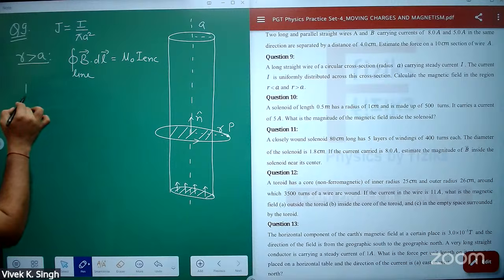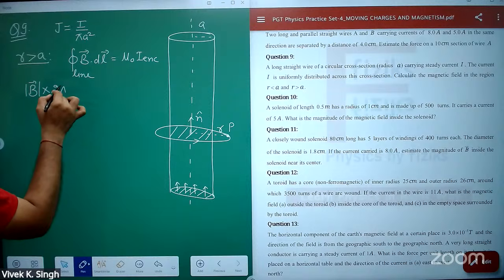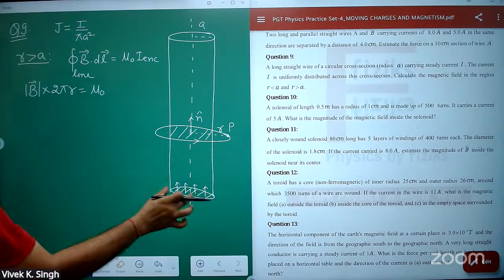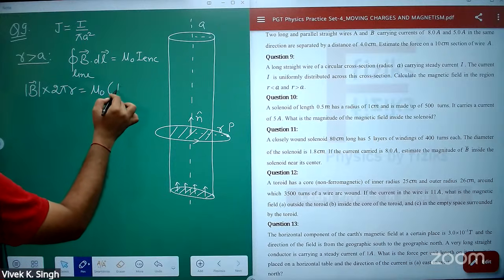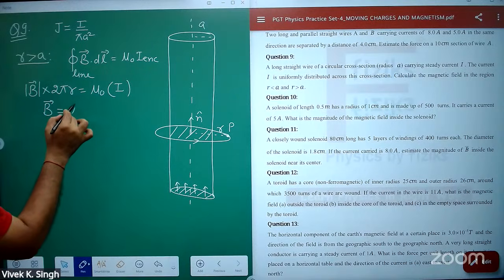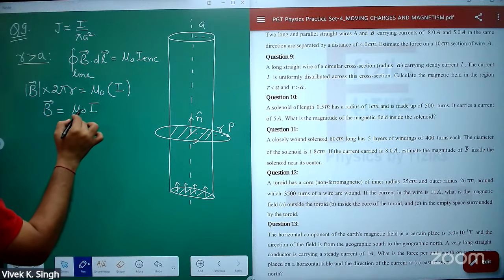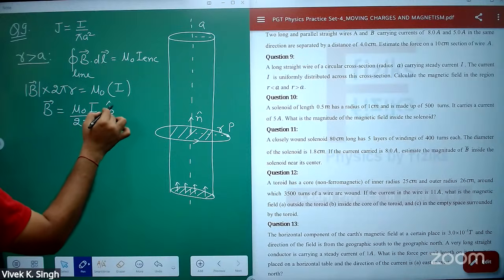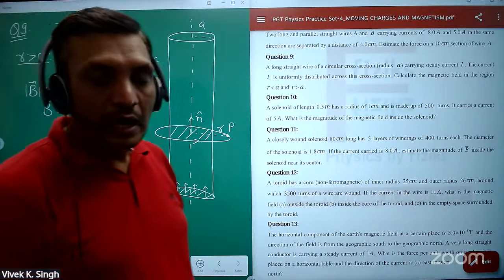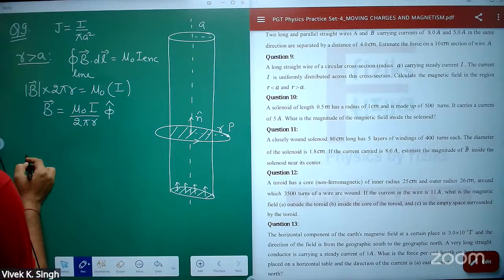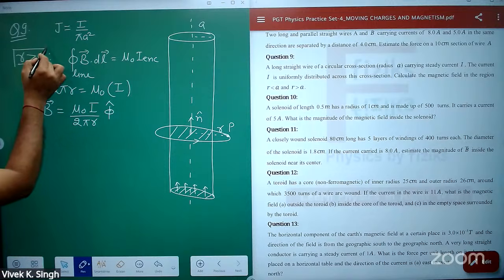So this gives mod B into 2 pi r, and current crossing through this is the total current I. So B will be mu naught I by 2 pi r, direction is phi. So outside, magnetic field is inversely proportional to r.